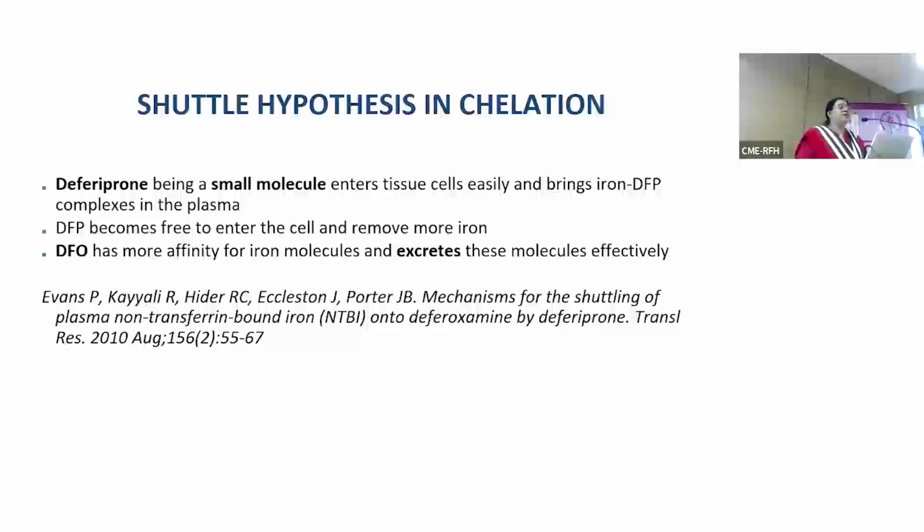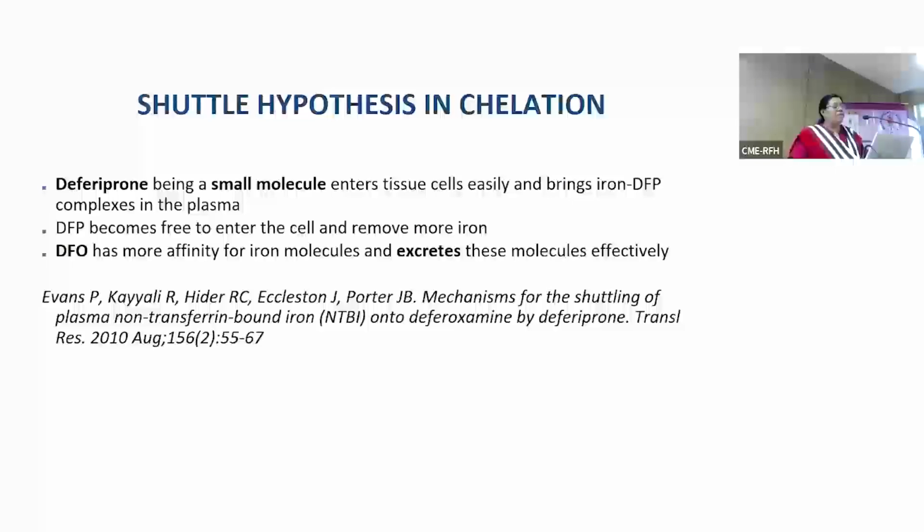Now why is this the best combination? You all know deferiprone is a small molecule which can enter into the tissues, binds the iron and brings it into the circulation, into the plasma. Therefore, it causes shuttling of iron from the tissue into the plasma and increases the labile pool, so that this labile pool is available for Desferal to be shunted.